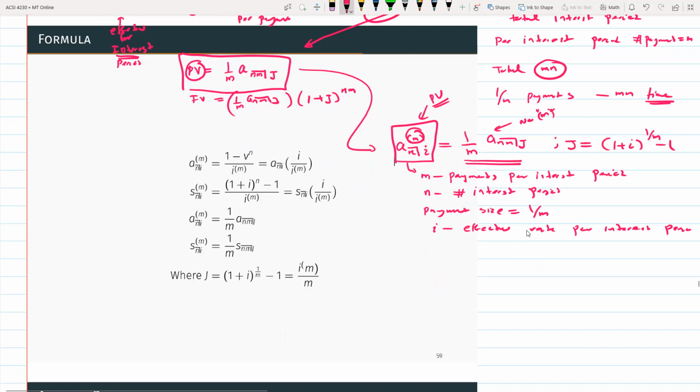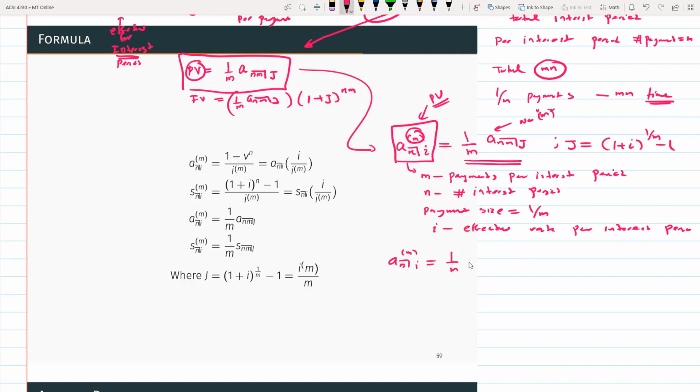So I have this formula, 1 over m. I can expand it. Later I will come back to this.